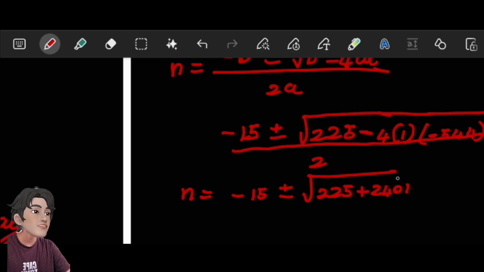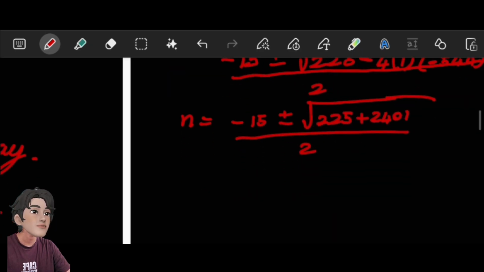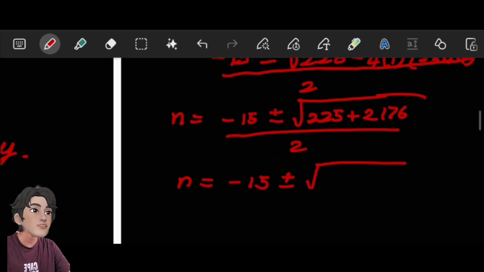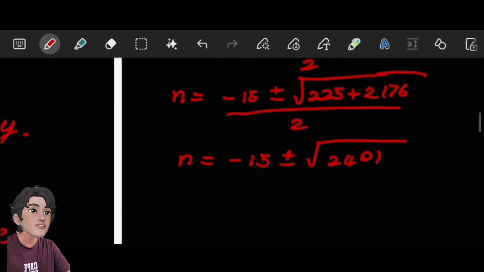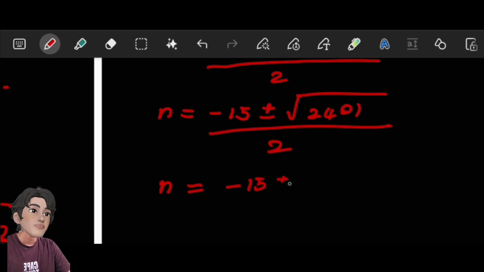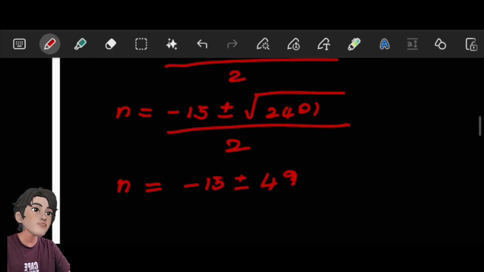Thus here we get, and this becomes, I added 225 with it. It's actually 2176. Now adding both, we get 2401 inside the root value.